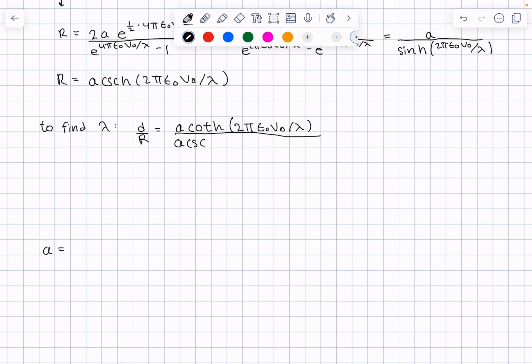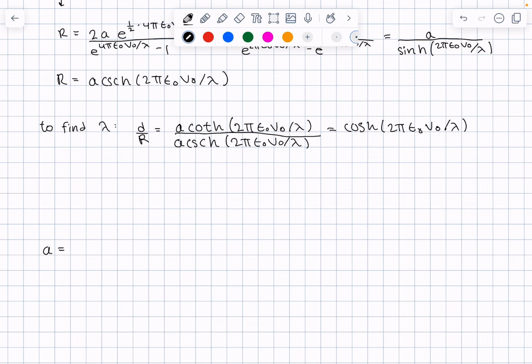Then down here we have a hyperbolic cotangent of 2 pi epsilon naught v naught over lambda over a hyperbolic cosecant of 2 pi epsilon naught v naught over lambda. Sorry about that. And that can finally be rewritten as the hyperbolic cosine of 2 pi epsilon naught v naught over lambda.